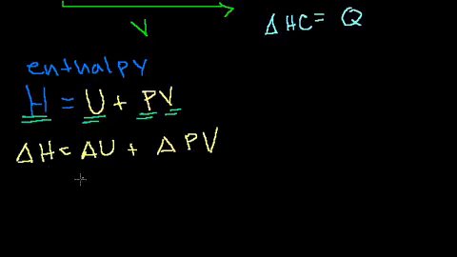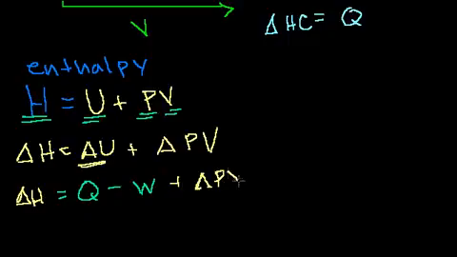If we're dealing with the change in internal energy, and I'm not going to deal with all the other chemical potentials, it's equal to the heat applied to the system minus the work done by the system. The change in enthalpy is equal to the heat applied minus the work done, which is just the change in internal energy, plus delta PV. This is just from the definition of my enthalpy.